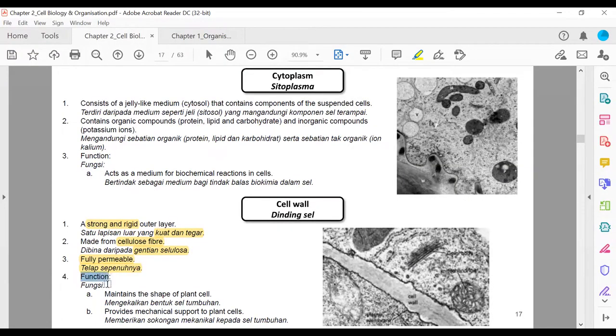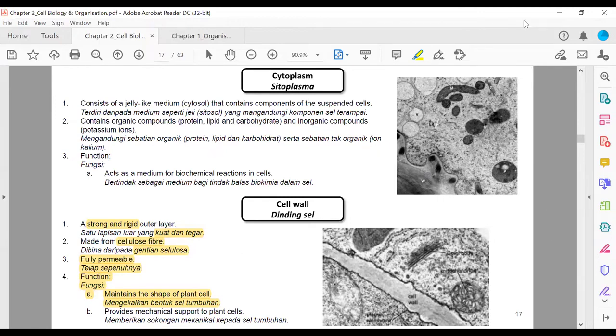Function dia. Apa fungsi cell wall? Yang pertama, maintains the shape of plant cell. Mengekalkan bentuk sel tumbuhan. Okay, what causes the cell wall able to maintain the shape of the plant cell? Anyone? Tell me. Yeah, because it is made from cellulose fiber.